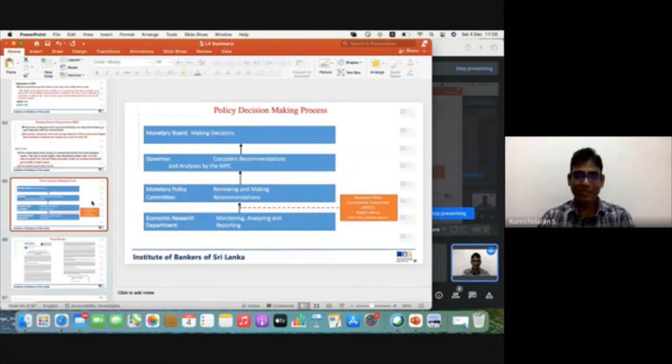Actually, the key duty of the central bank is price stability. But the Central Bank of Sri Lanka has co-objectives of price stability and financial stability, system stability. Here, I didn't bring those departments because I'm talking about price stability, conducting monetary policy and how that happens within the central bank.